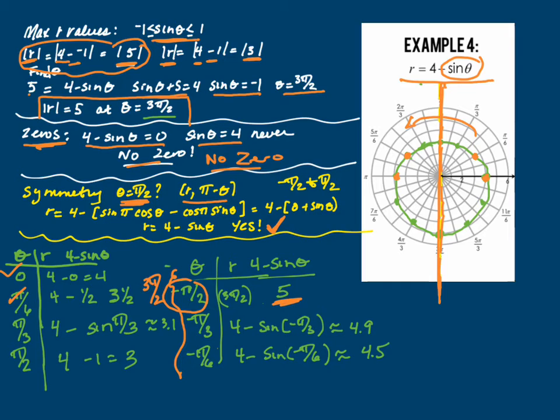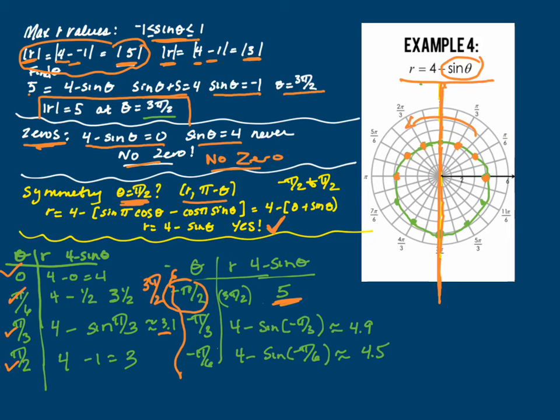Okay, so now I will do pi over 3. On the calculator, it equals 3.1. So I'm back over here on the graph with my orange dot. At pi over 3, it would be 3.1, and then across, 2 pi over 3 is 3.1.